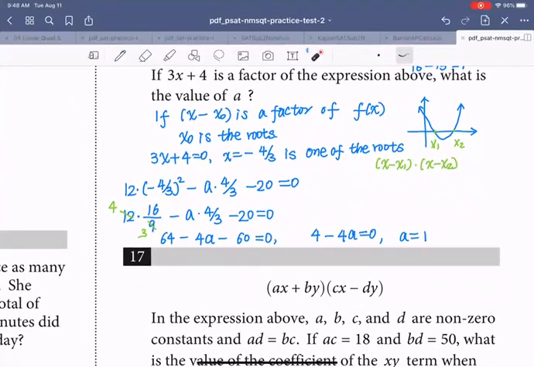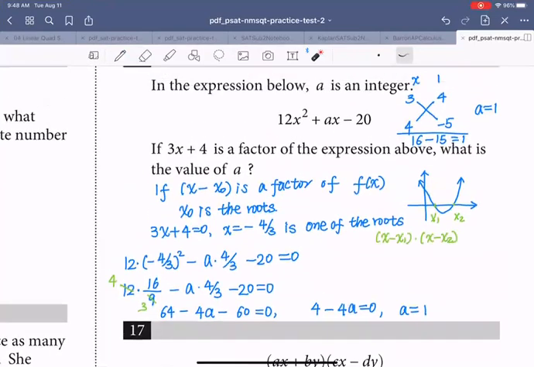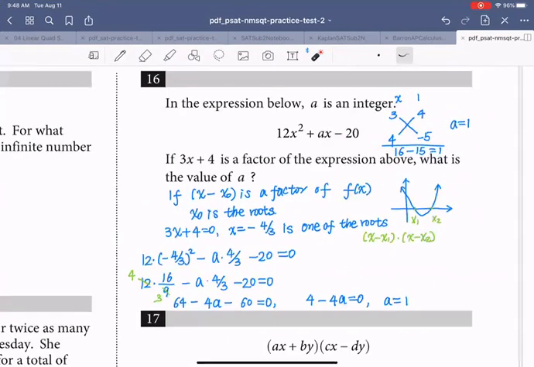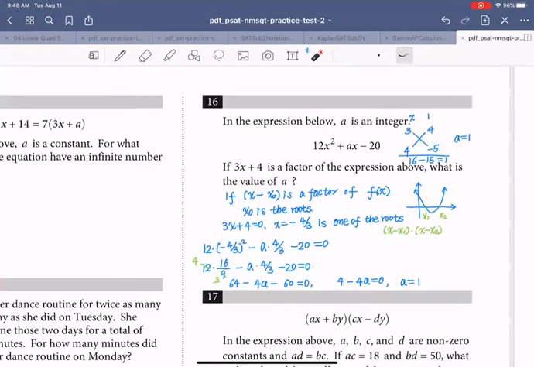A equals 1. Yes, perfect. Good job. So with 2 different methods, you should have the same correct answer. If these 2 answers are different, one of your methods is wrong, or both of them are wrong. So now you understand this question, right?